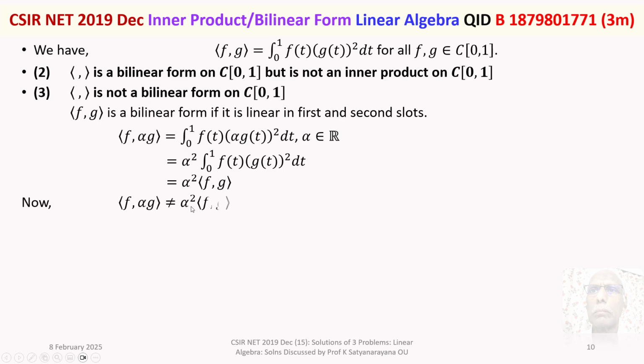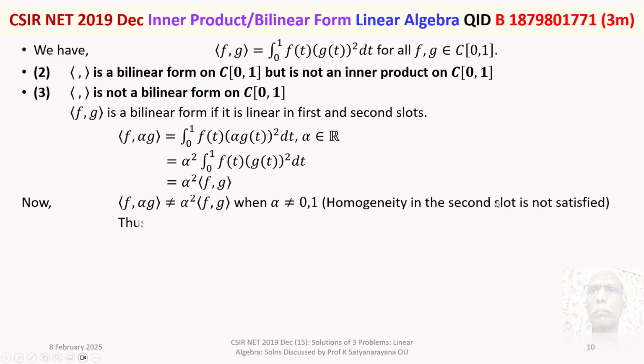Now, they are not equal. Bracket f comma alpha g is not equal to alpha square bracket f comma g when alpha is not equal to 1. That is, the homogeneity in the second slot is not satisfied. Therefore, it is not a bilinear form.